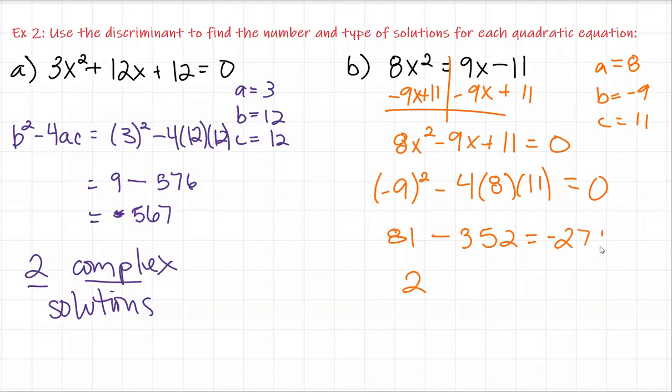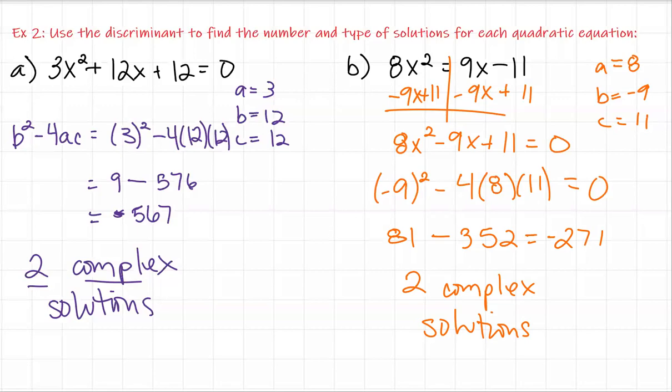Sorry, y'all, that's kind of boring. We got another 2 complex solutions. But just know that if we get a positive, that's 2 real solutions. If we get 0, that's 1 real solution.